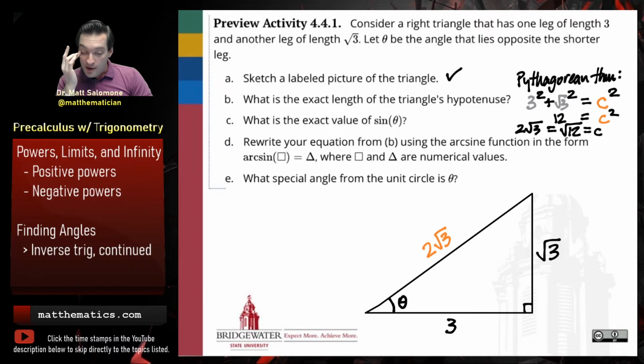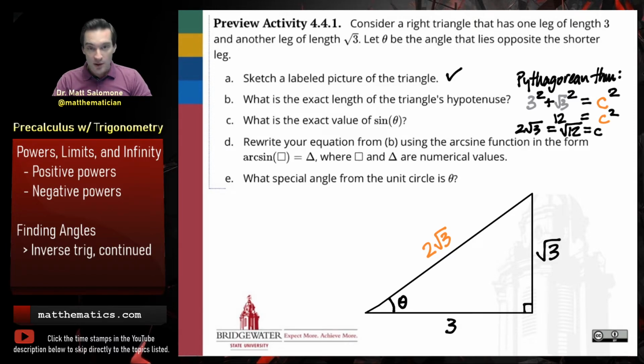One thing that jumps off the page in my view of this triangle is that there's a nice ratio between the length of this hypotenuse and the length of this shorter side. The hypotenuse is in fact twice as long as the short leg, which makes this one of the triangles that you probably learned about in your high school geometry class.